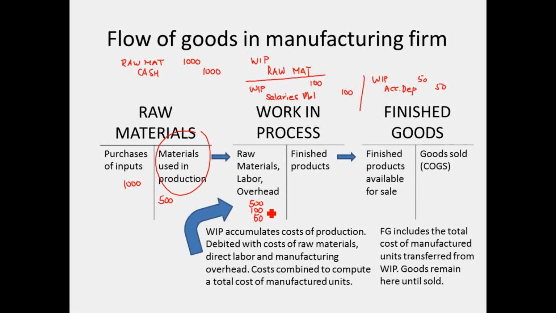manufacturing overhead. Now, what counts as manufacturing overhead? What has to actually do with manufacturing? So it's not like the CEO's salary, or the computers used with the sales force, or the computers used for purchase. It's the computers used in the factory shop.